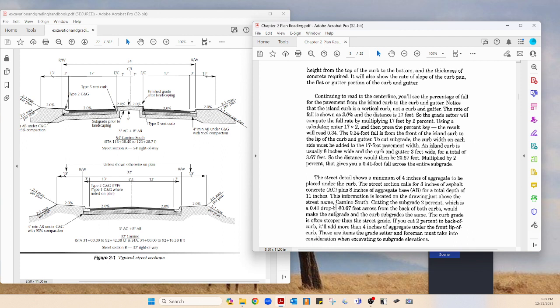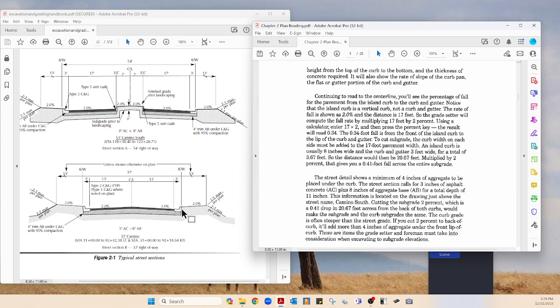Let's read on, and then we'll cheat and see. Cutting the subgrade 2%, which is a 0.41 drop in 20.67 feet. It's a mystery right now. Across from the back of both curbs. Or is it a mystery?